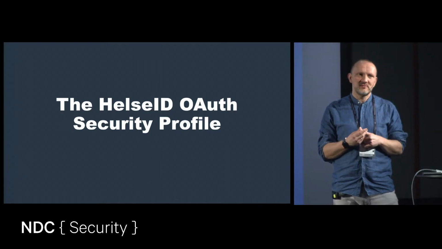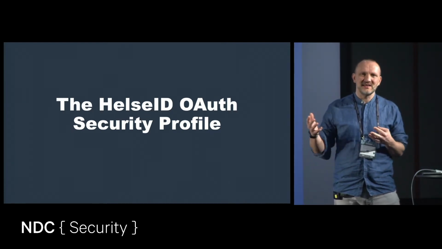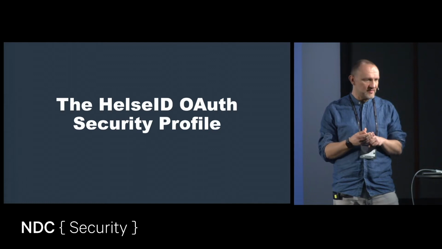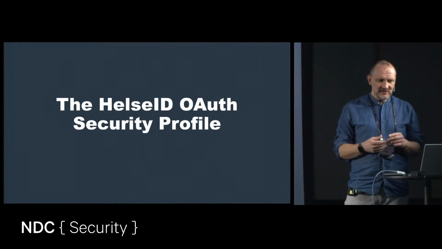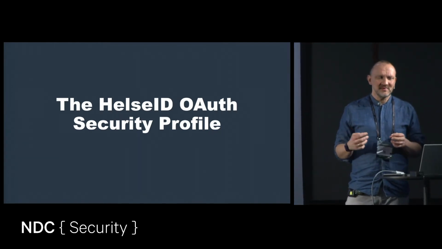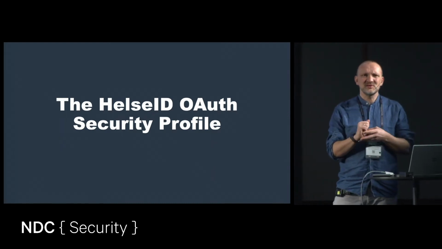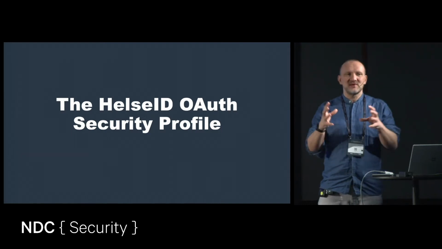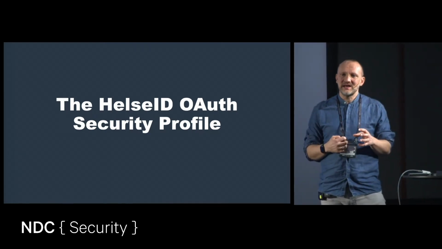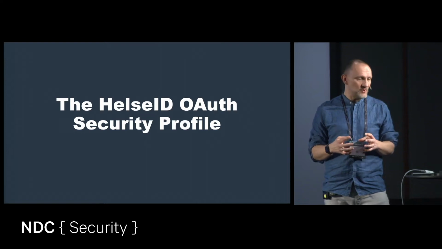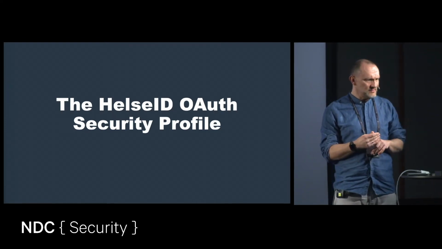So we don't support the hybrid, we don't support implicit, and some of the others. We always require the PKCE mechanism, proof key for code exchange, to protect against man-in-the-middle attacks. And on top of all of these, we have some requirements that are quite unique for our service.